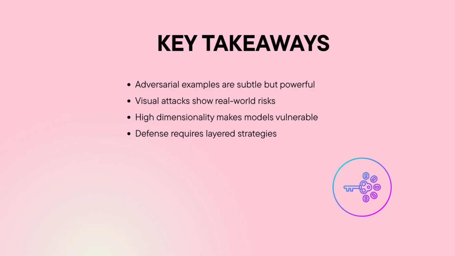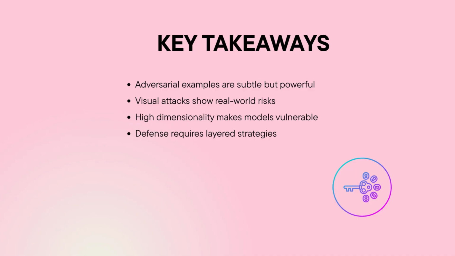Alright, so to summarize, adversarial examples are inputs designed to trick AI systems through subtle changes invisible to humans. Visual adversarial attacks, like misclassifying traffic signs, highlight the risks in real world applications.